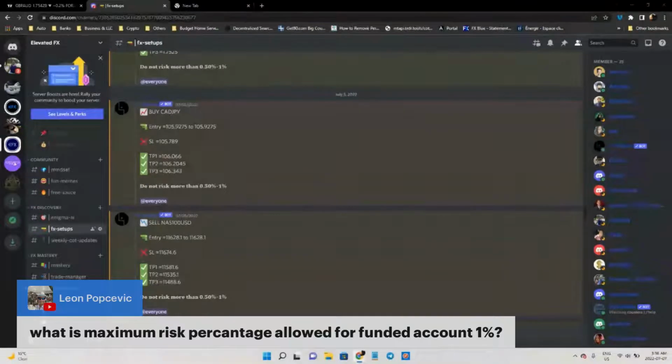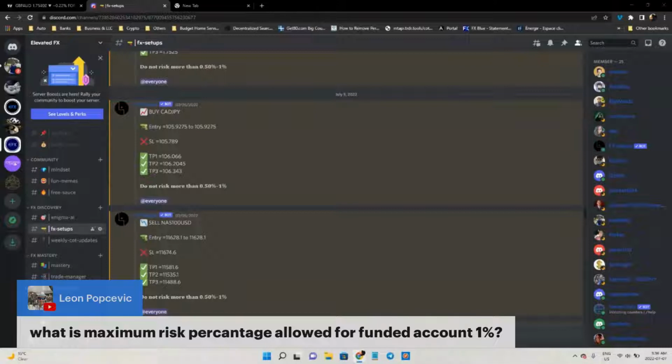Leon, I have to check exactly the fine print on that, because I know that the actual lot size I take overall is less than the amount risked for the funded account.